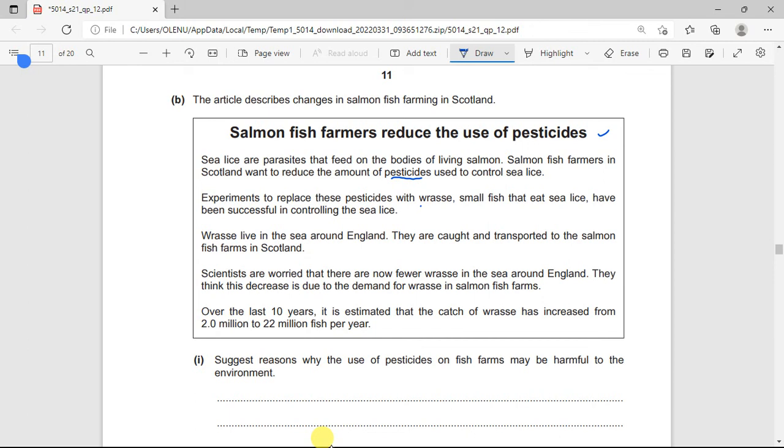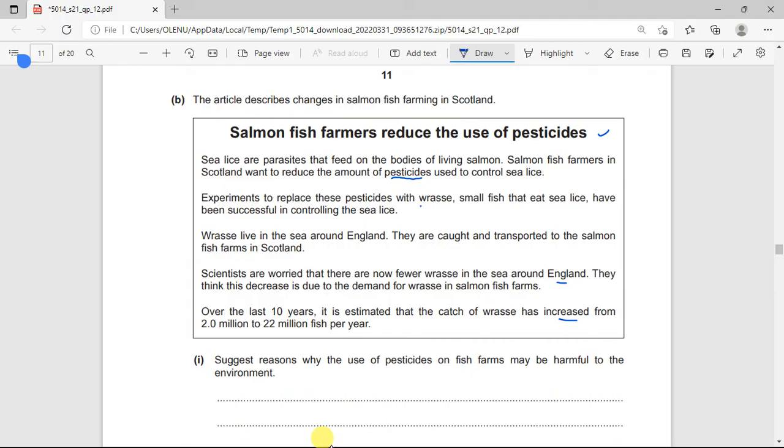Wrasse live in the sea around England. They are caught and transported to salmon fish farms in Scotland. Scientists are worried that there are now fewer wrasse in the sea around England. They think this decrease is due to the demand for wrasse in salmon fish farms. Over the last 10 years, it is estimated that the catch of wrasse has increased from 2.0 million to 22 million per year.